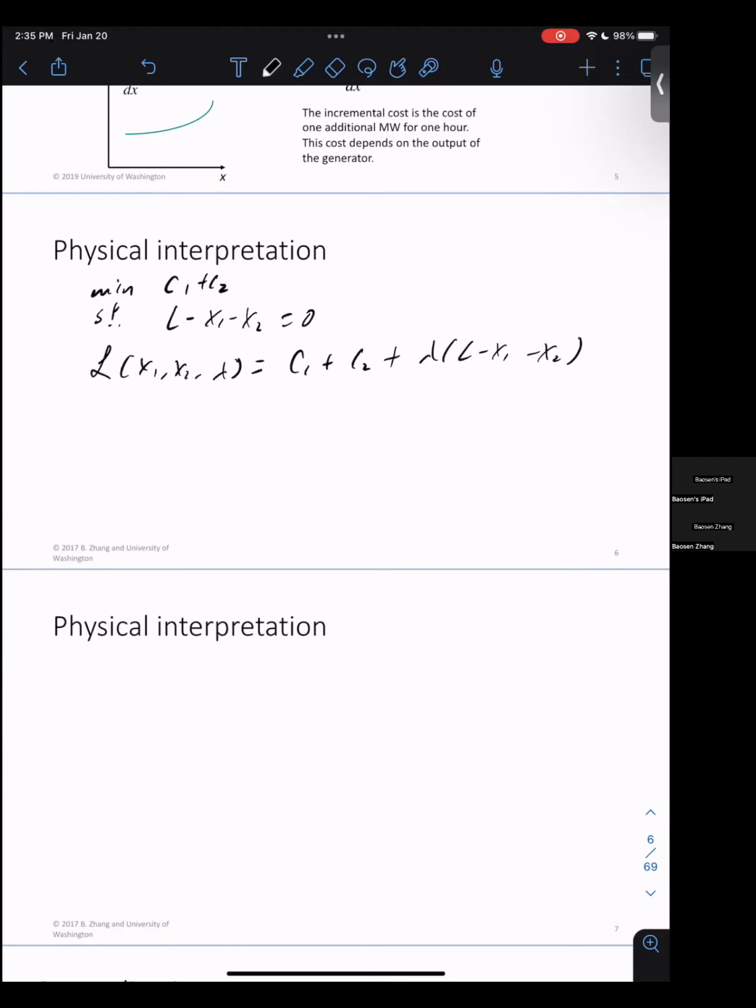The interesting thing is that you can also ask the following question: if you look at this optimization problem, what is it actually a function of? Another way to think about the optimization problem is as a function from the load to the optimal value.